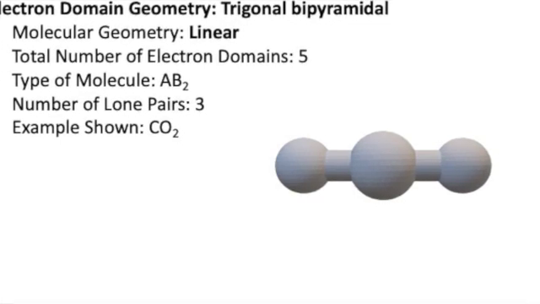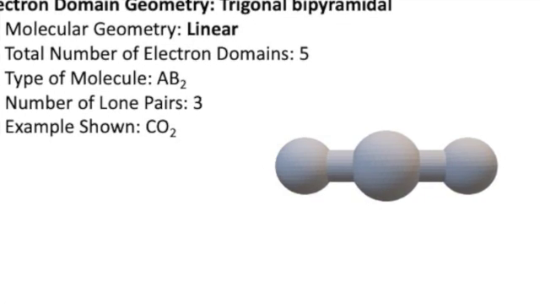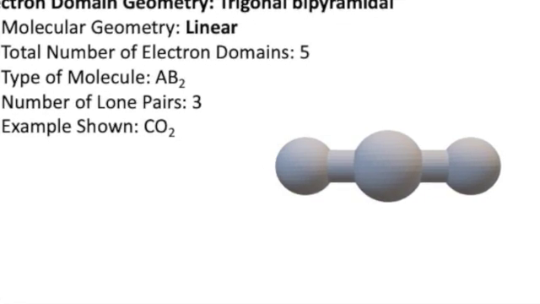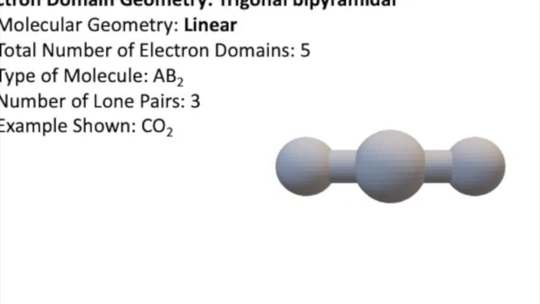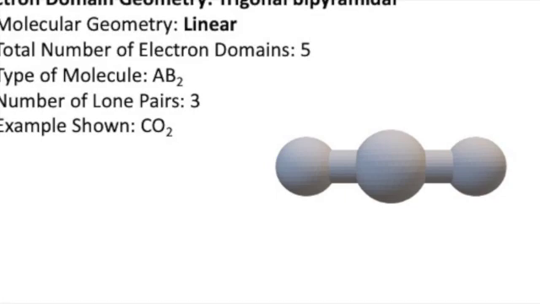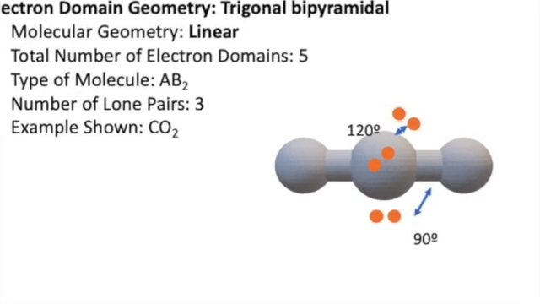The next electron domain geometry is again trigonal bipyramidal, but this time T-shaped instead of seesaw. The total number of electron domains is still 5.